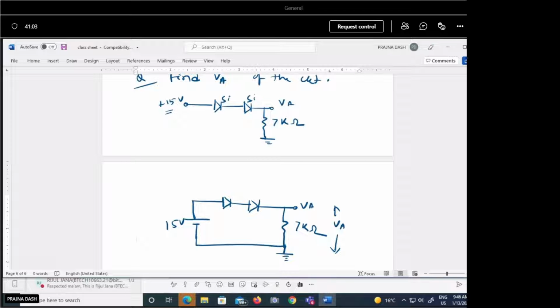So when you use a voltmeter, there are two terminals in the voltmeter. One will be your red color terminal, another will be your black color terminal. Usually we put the red color on the positive side and black color on the negative side, and we measure the voltage. So the potential difference between 2 points the voltmeter will display.